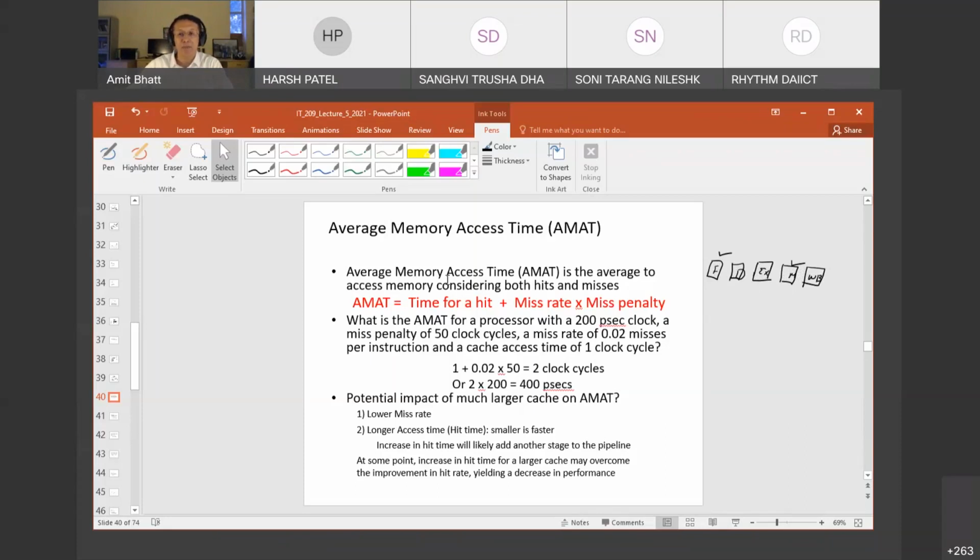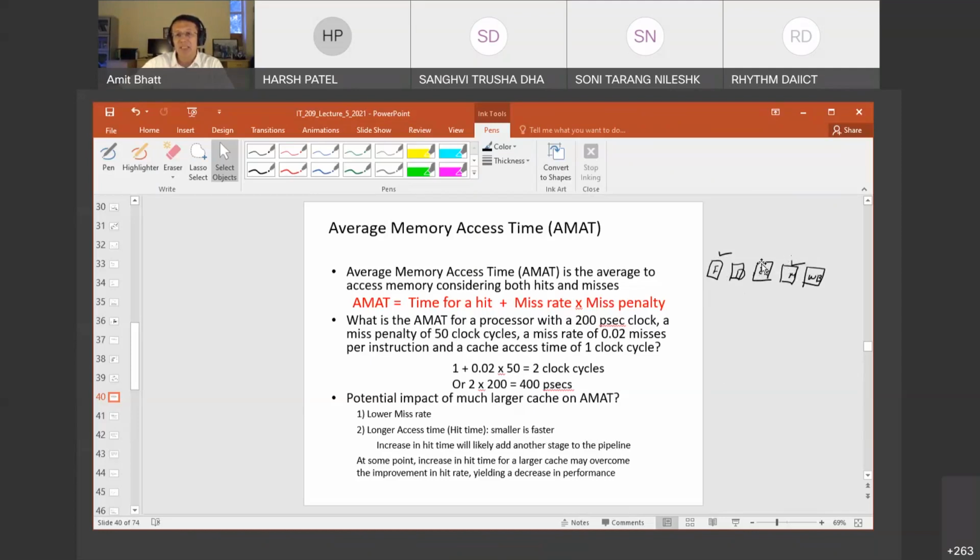You may say my processor is 2 gigahertz. But 2 gigahertz is in the best case, where whatever instruction you are looking for is found in the L1 instruction cache, and whatever data you are looking for is found in the L1 data cache. Then this would work at 2 gigahertz.